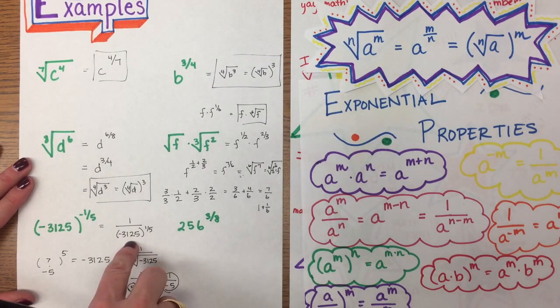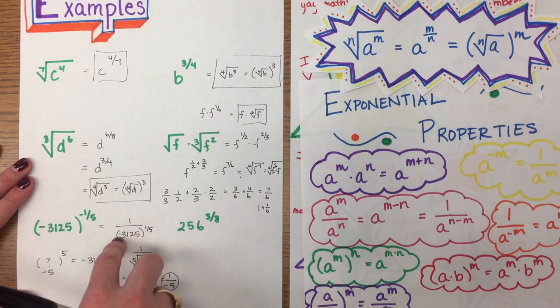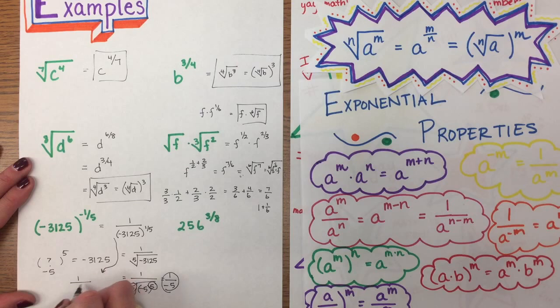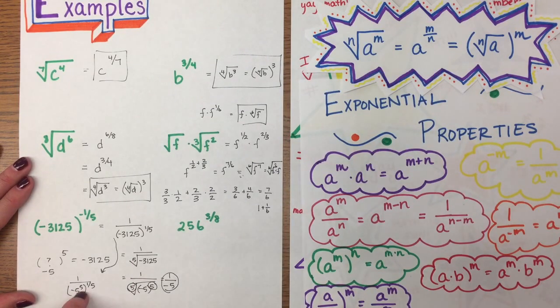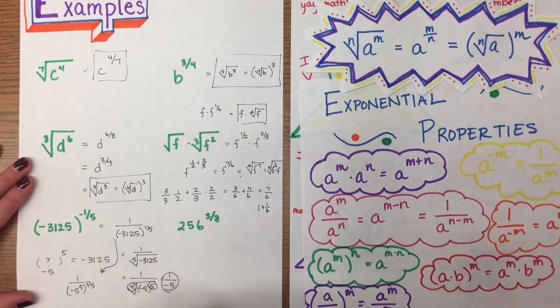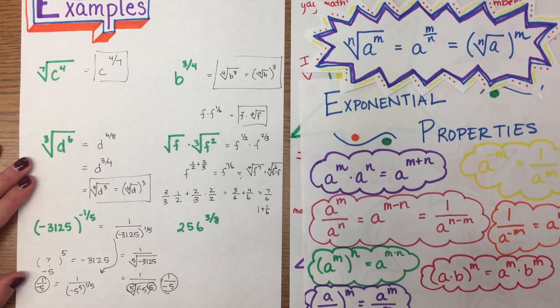My other option is to go to this step here, and I'm going to go down here, 1 over negative 5 to the 5th raised to the 1/5. And if I look at 5 raised to the 1/5 and my rule here, I'm going to multiply those, and I end up getting 1 divided by negative 5, or negative 1/5.